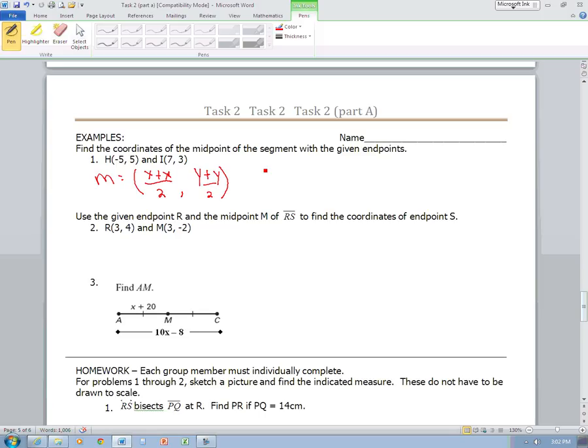y. Okay, so to find the midpoint, we are going to take -5 and add that to 7, and then divide that by 2, and then 5 plus 3 and divide that by 2.